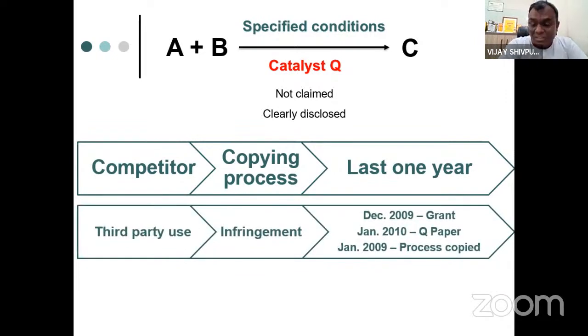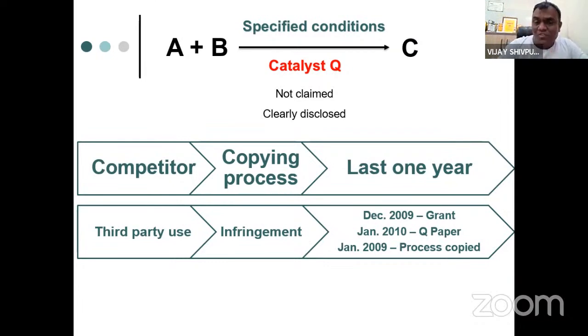Third party use is not allowed, so as a patentee I can file a lawsuit. And since when are they doing it? They are doing it since January 2009. This is the factual information.